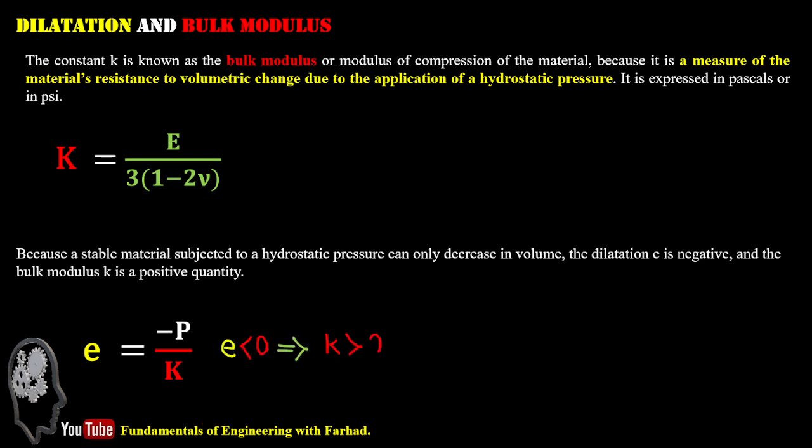So if e is smaller than 0, bulk modulus K should be positive. The negative times positive gives us a negative in e. If the modulus of elasticity is a positive value, the denominator should be positive as well to keep K bigger than 0. And 1 minus 2 nu bigger than 0 says nu should be smaller than 1 over 2.